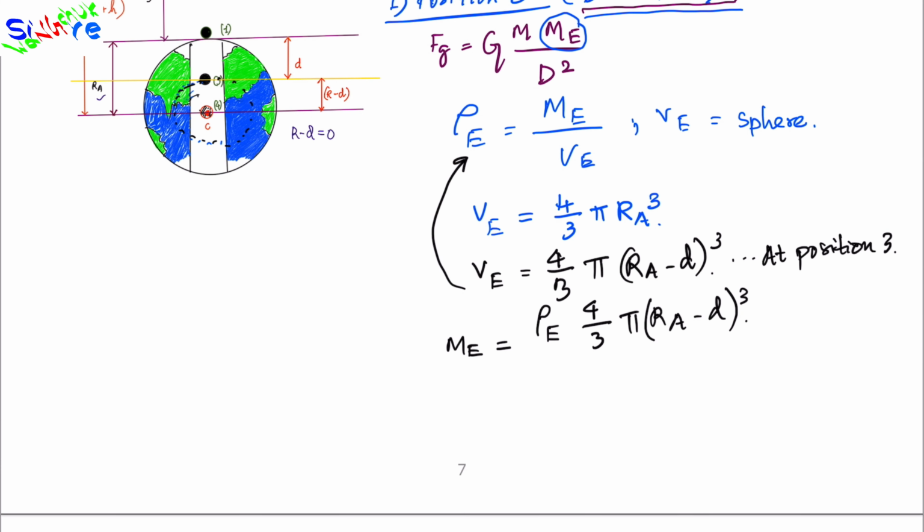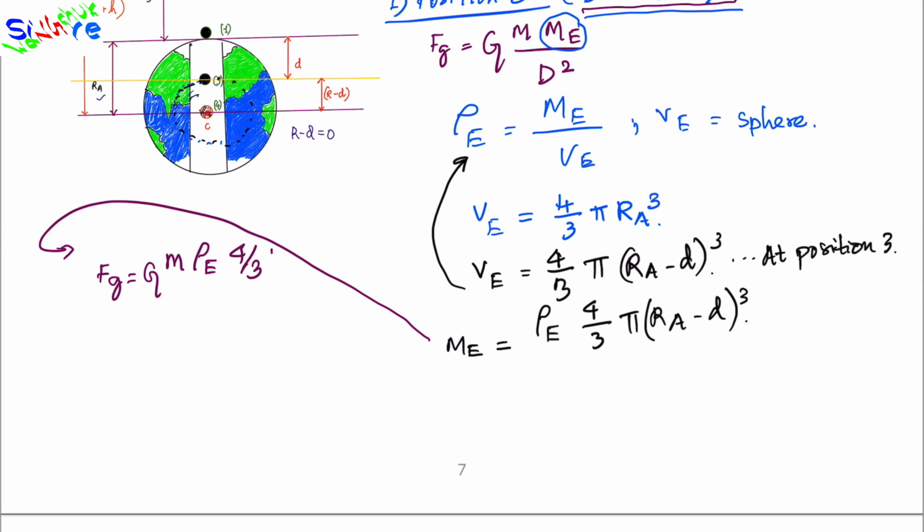Now rewriting the above equation in the universal law of gravitation, we get Fg equals G m rho e 4 by 3 pi Ra minus d the whole cube divided by d, where d equals Ra minus d, the whole square.